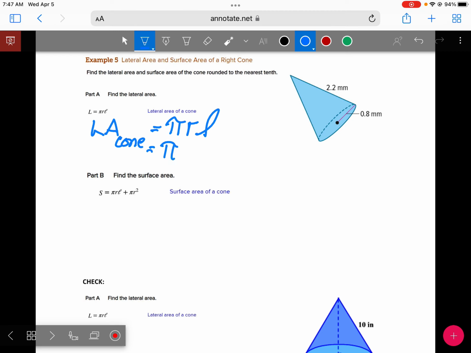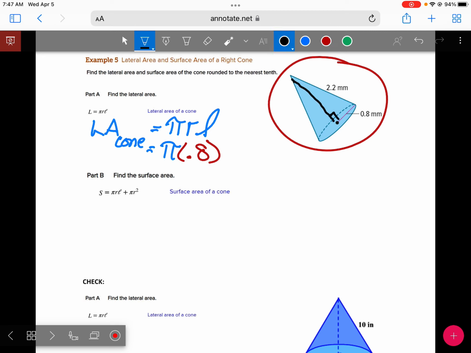So pi times, what's the radius of this cone over here? 0.8 times slant height. So perpendicular height would be right here. So this 2.2 is your slant height. So times 2.2.